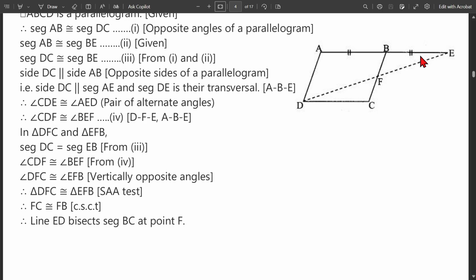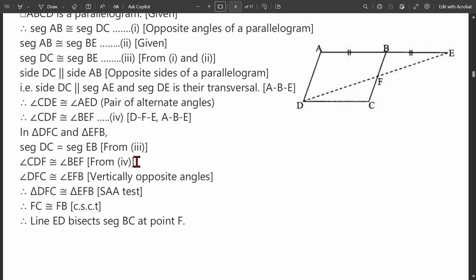In other words, these two angles are forming alternate angles with parallel lines. Now in triangle DFC and triangle EFB, DC equals EB from equation number 3.